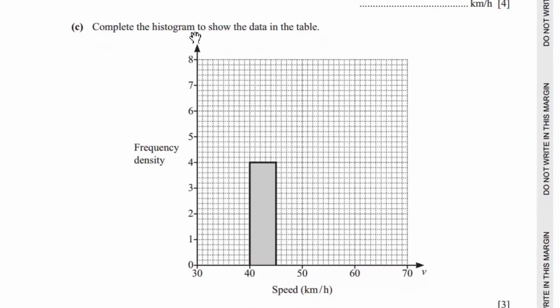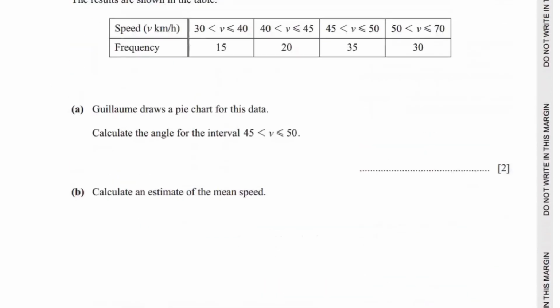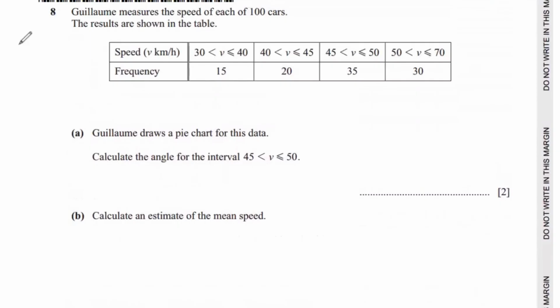Then it says complete the histogram to show the data in the table. So for the histogram, we need the frequency density. And for the frequency density, the formula is frequency over class width. So if you write them on the side, the frequency density for the first one is going to be 15 over 10.